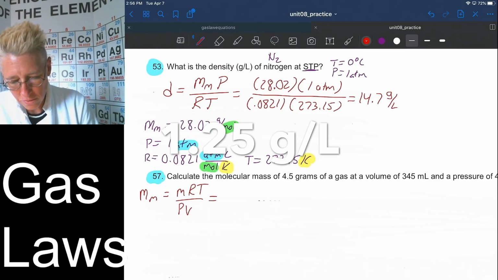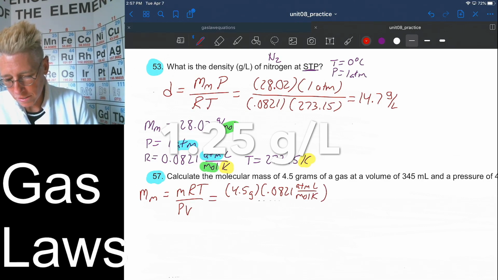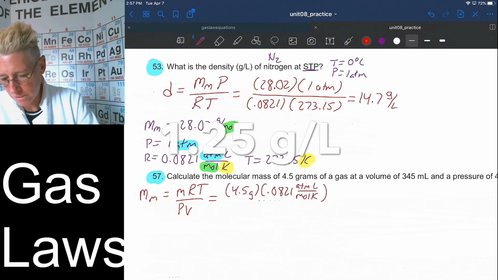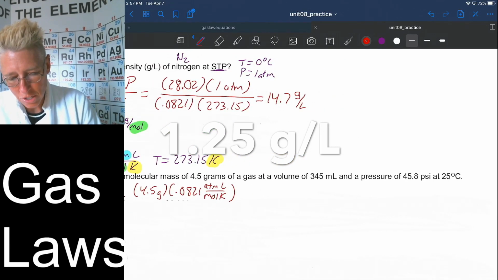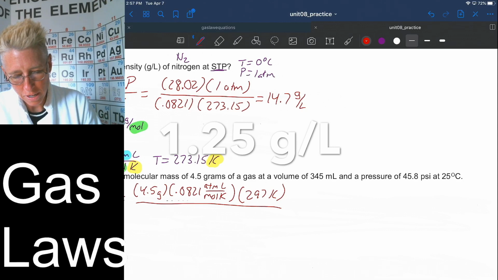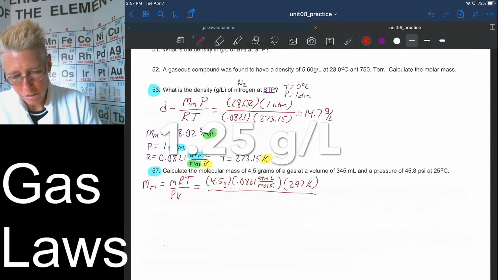So the mass that's given is 4.5 grams. The R value is 0.0821, and that would be atmospheres liters per mole K. The temperature value that's given is, let's see, 25 degrees Celsius. So we're going to change that to Kelvin, 297 Kelvin, and then divided by, moving that over, pressure, which is 45.8 psi.